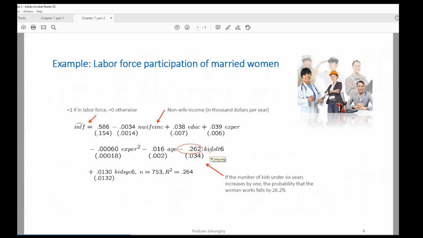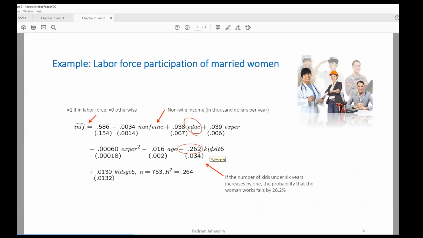Does that make sense? Well, in my opinion, absolutely. If you have 3 kids less than 6 years old, your probability of attending the labor force is going to decrease dramatically. The model is suggesting that it's going to decrease by the order of 75-ish%. Okay. Let's interpret one other and then move on. So let's interpret education.